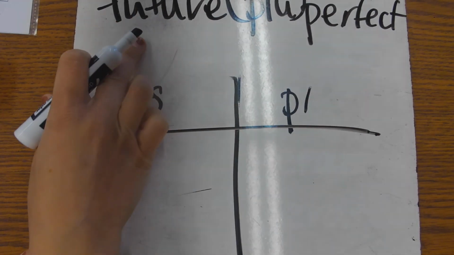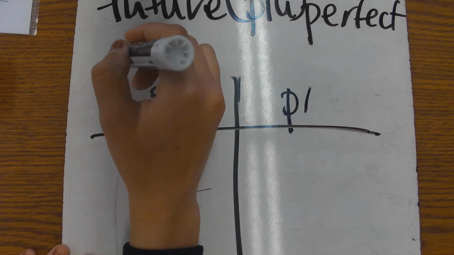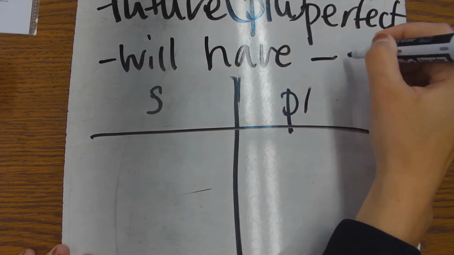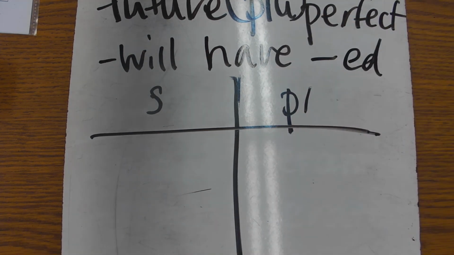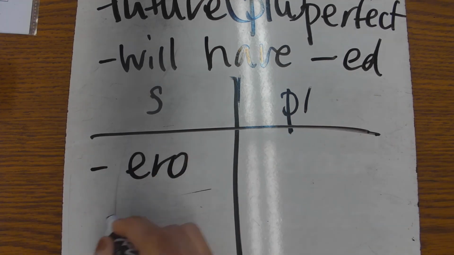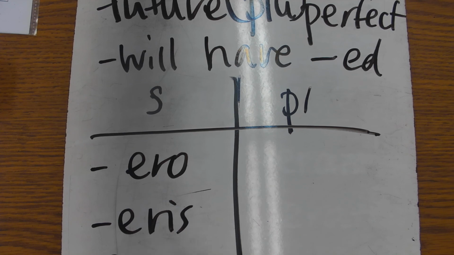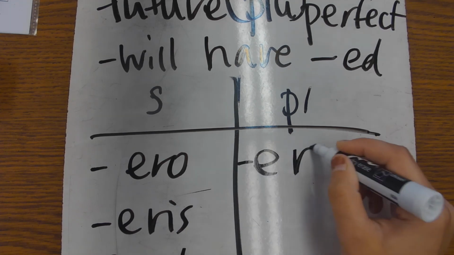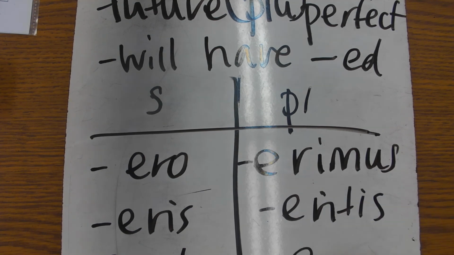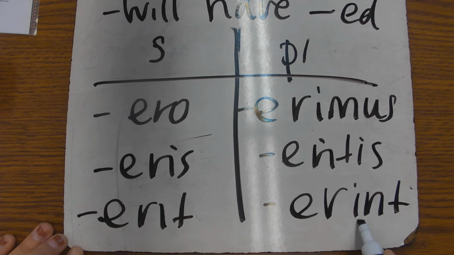Okay, so the meaning or the translation of future pluperfect is will have blanked. Okay? Will have blanked. And the endings are ero, eris, erit, erimus, eritis, erint. Okay, this is going to throw some people off.